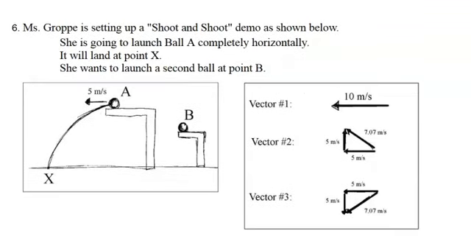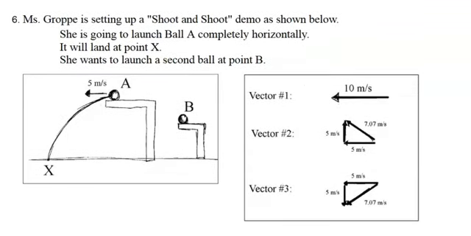Okay, number 6, a little bit tricky. So Miss Groppe is setting up a shoot and shoot demo. She's going to launch ball A, and it goes forward and falls. She wants to launch a second ball at point B. So the point of this one is that B is lower, so it is going to have less time in the air.